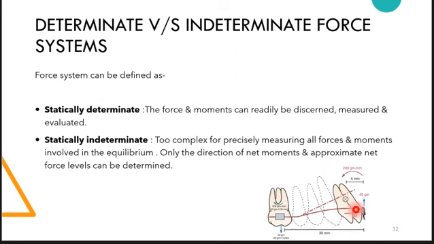They are statically determinate, meaning that the moments and forces can readily be discerned, measured, and evaluated, or indeterminate. Statically indeterminate systems are too complex for precisely calculating all forces and moments involved in the equilibrium. So, typically, only the direction of net moments and approximate net force levels can be determined.